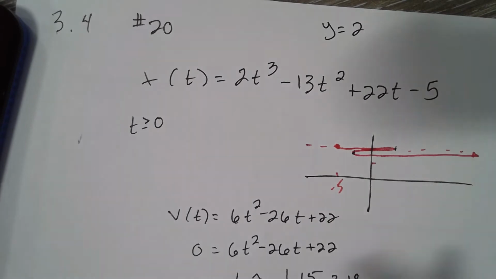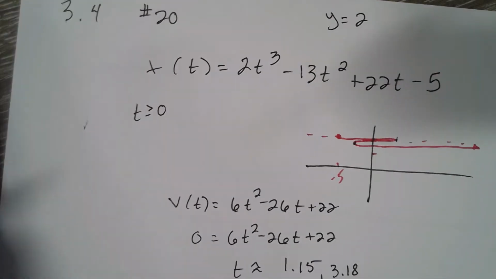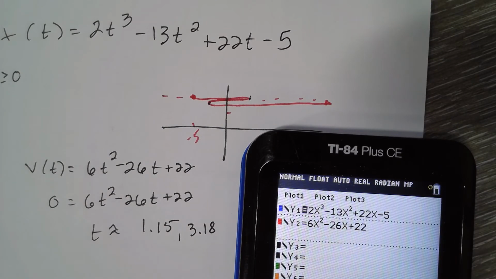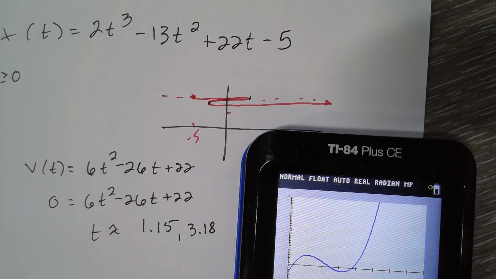If I was going to graph the velocity function on top of the position function, just graph that equation. So part C, when does the particle change direction? We got that. Back to part B, when does the particle speed up or slow down?